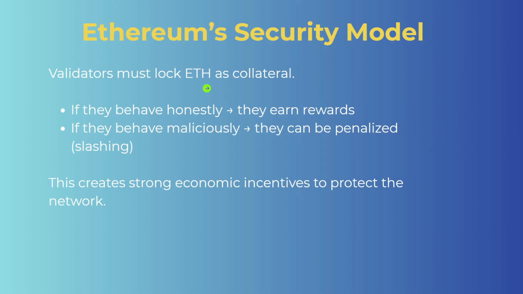Validators must lock ETH as collateral. If they behave honestly, they earn rewards. If they misbehave or behave maliciously, they can be penalized. And this is called slashing.